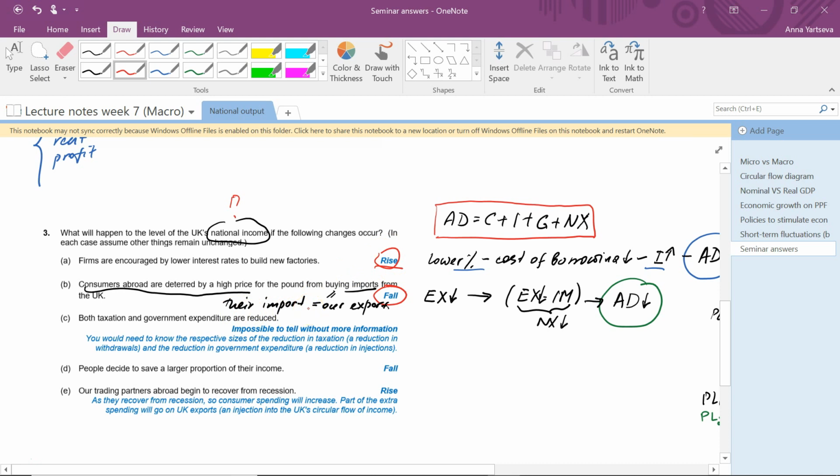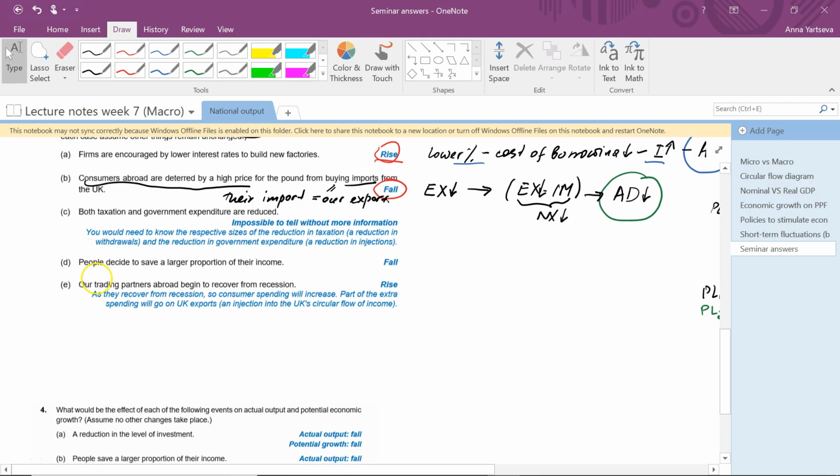Next exercise. Both taxation and government expenditure are reduced. This is quite interesting because there are two factors here. Taxes drop and government expenditure drops as well. There will be different effects on aggregate demand because lower taxes will increase disposable income, which increases consumption, while a reduction in government expenditure will reduce aggregate demand straight away.